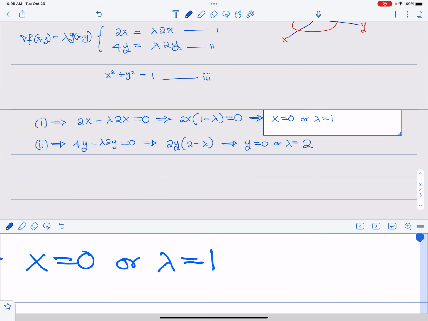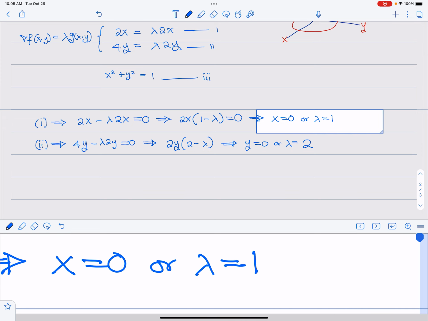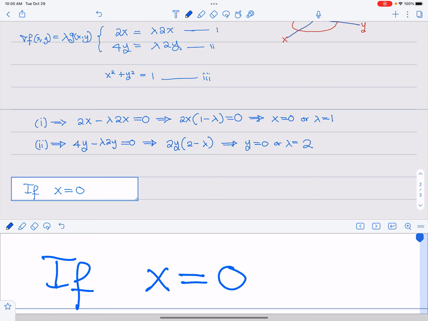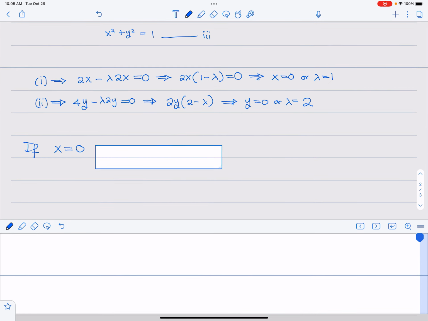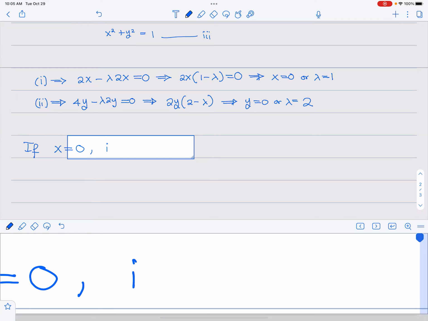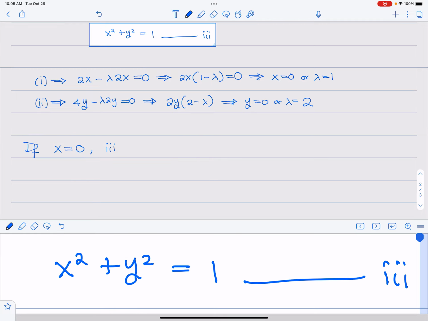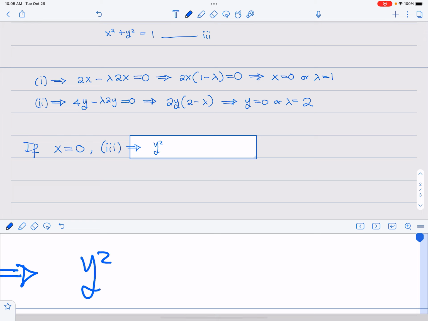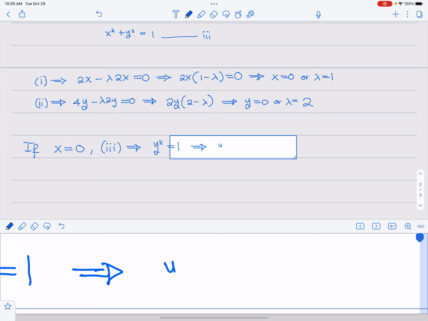So let's start with the first set of values we got from equation 1. Now, if x is 0, what do we get? If x is 0, then equation 3 above, x squared plus y squared equals 1, would imply that since x is 0, we just have that y squared is 1, and this tells us that y is equal to plus or minus 1.